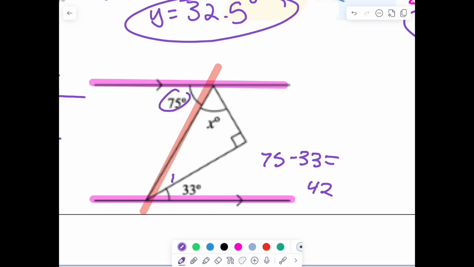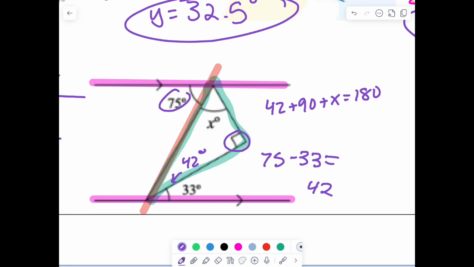So this little guy right here is 42. This is 90 degrees. And this right here is a triangle, which should add up to 180. So 42 plus 90 degrees plus x should add up to 180, which means that x equals 48 degrees.